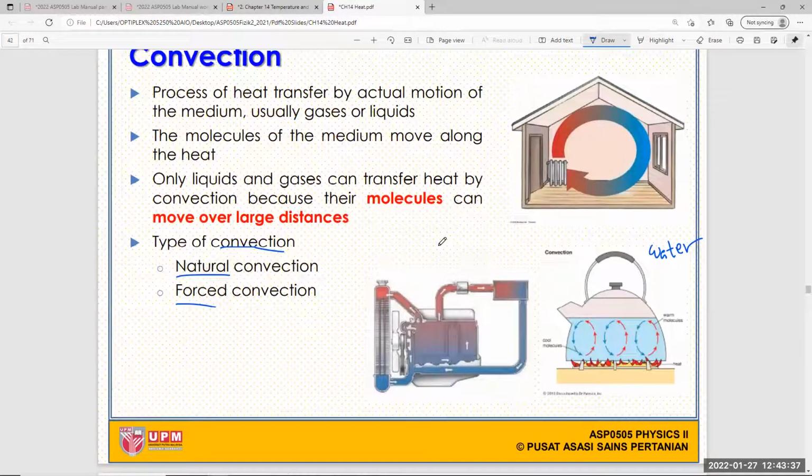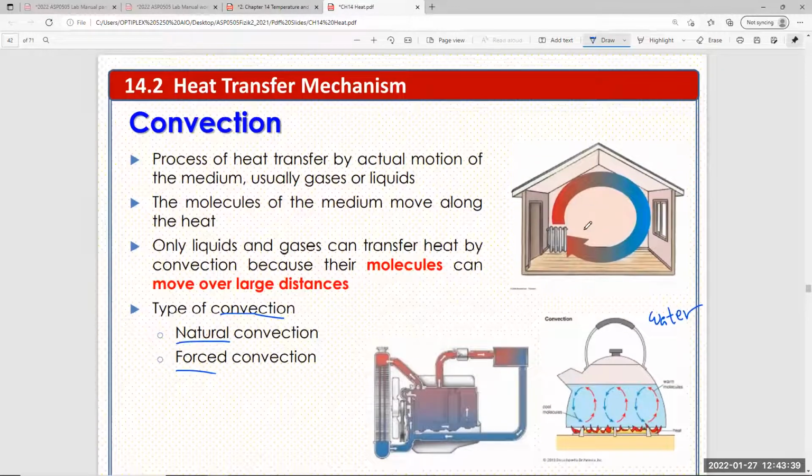Not as usual. And one thing about natural convection and forced, at some houses there is a pump. This is where we use forced convection, using a pump for the heater at the house.